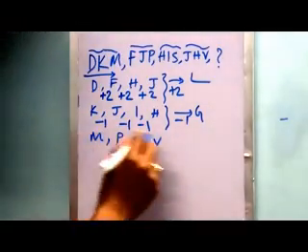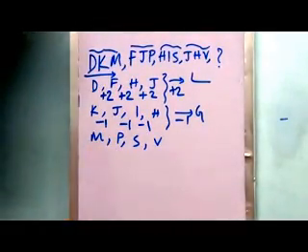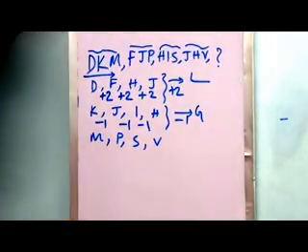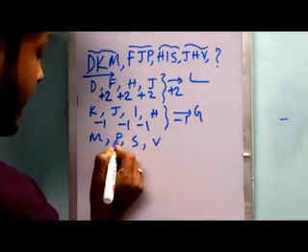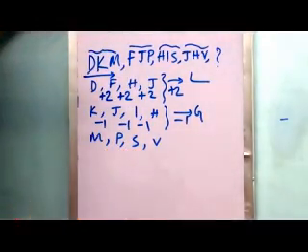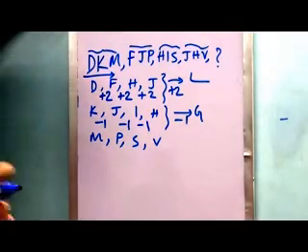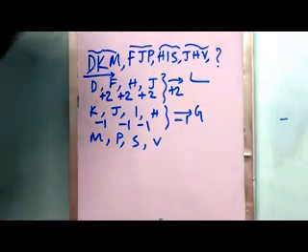Now the last letter of each fragment, that is M, P, S, V. What is the relation between them? Moving from M to V, each letter comes after the third position from its previous letter.